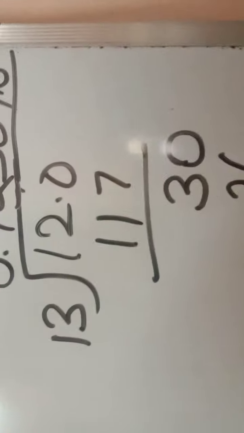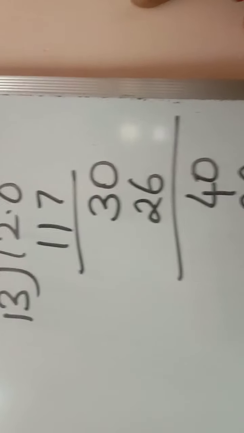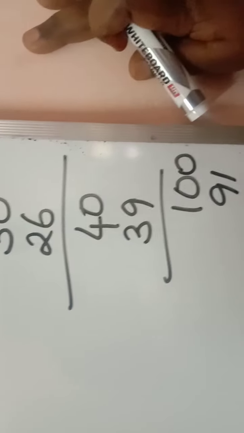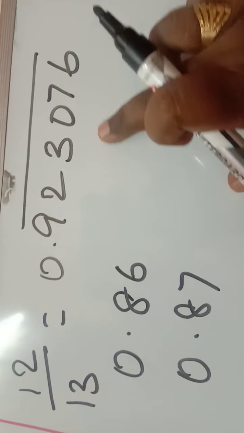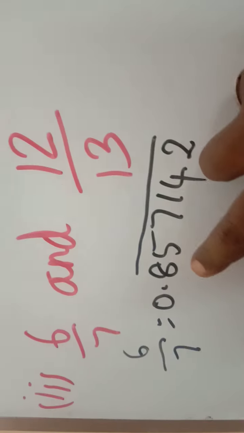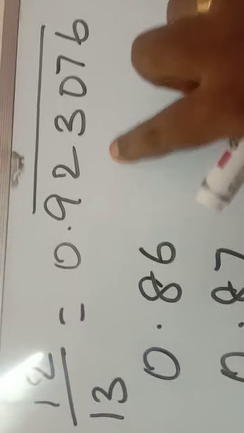Next, 12/13. 12/13 also we have to divide like this. The remainder 12 came again, the first number. So 923076, these are all the numbers repeating. 0.923076. Now we have to find two irrational numbers between 0.857 and 0.923.